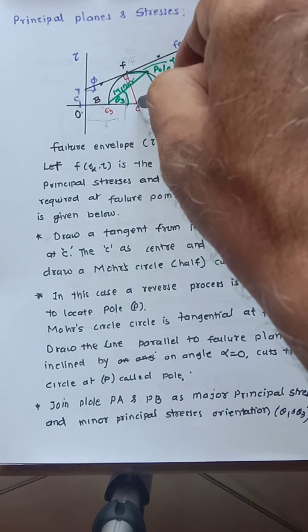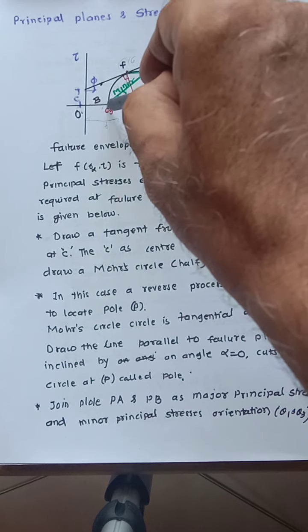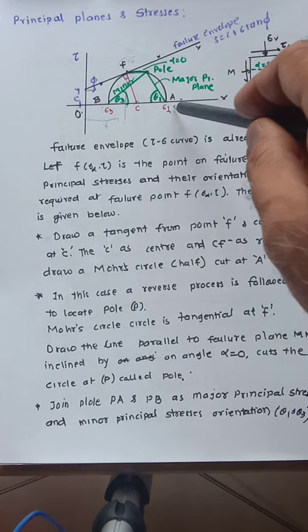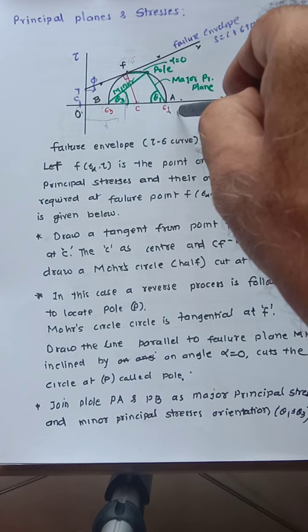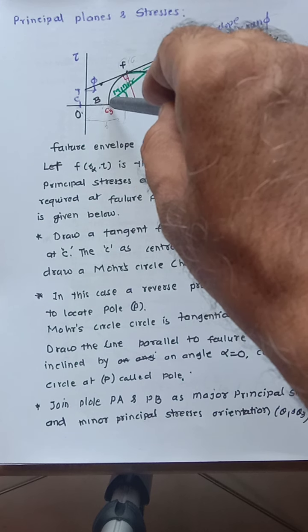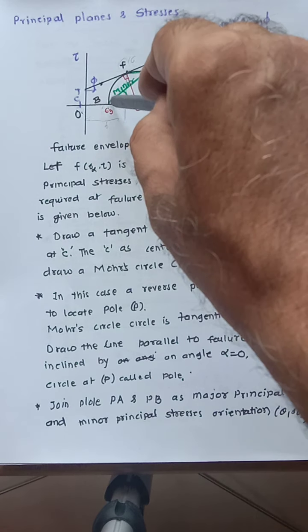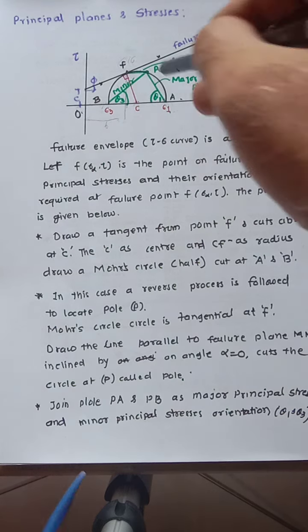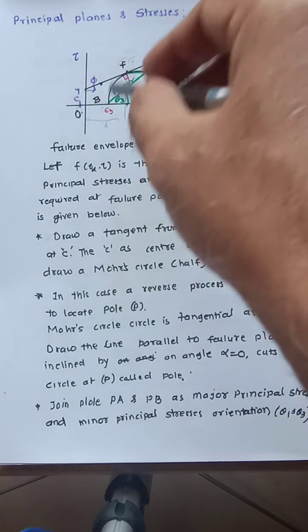So C is the center and FC is the radius. Draw a circle. The circle cuts at A, and OA gives me sigma 1. It cuts at B, and OB gives me sigma 3. Convert back to the scale. This is how I get sigma 1 and sigma 3.